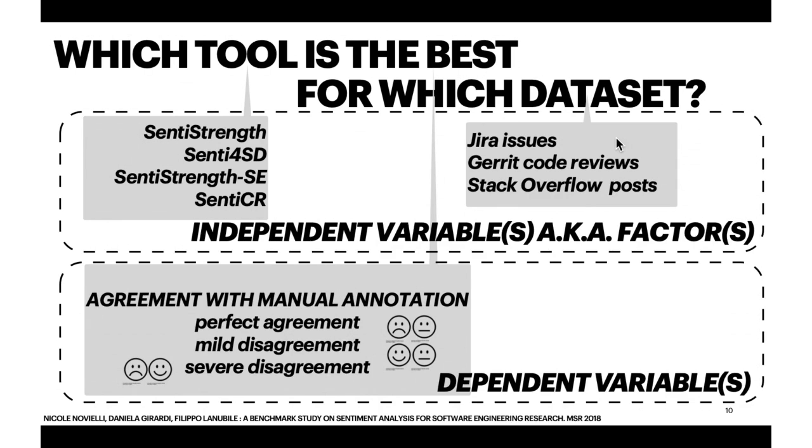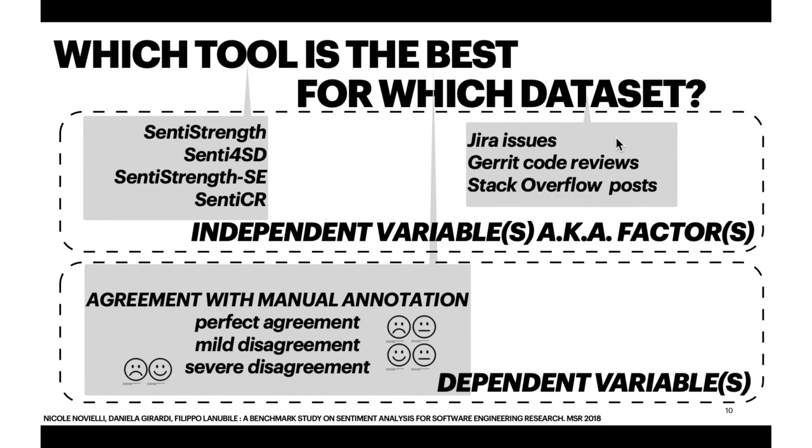So instead of considering those 4 tools, the experimenters might have considered some other tools. And instead of considering those data sets, they might have considered some other data sets. The dependent variable, which is the output of our experiment, is something which can be expected to be influenced by the choice of the input variables.